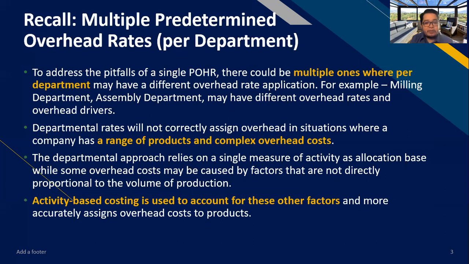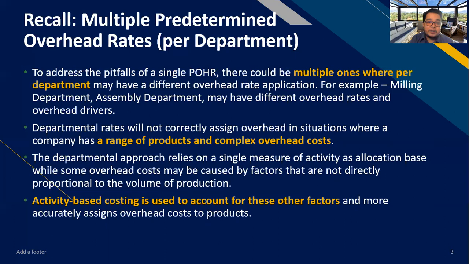Again, the fact is one driver might not be sufficient. For example, for the milling department, the driver used for that department is direct labor hours. Within the milling department, there could be other activities that are not driven really by the number of direct labor hours.